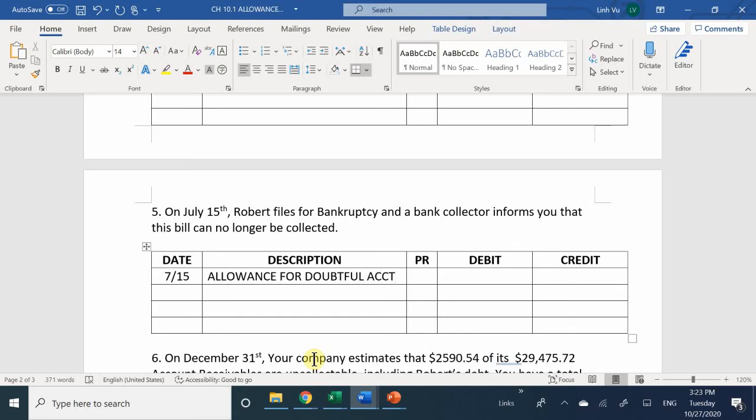We debit allowance for doubtful accounts for $1,031.42, and then the credit is accounts receivable for $1,031.42.